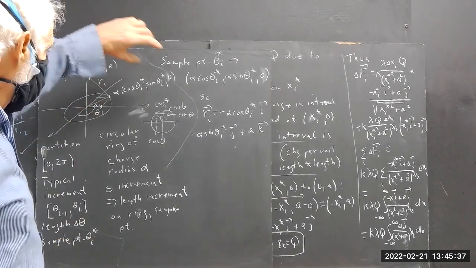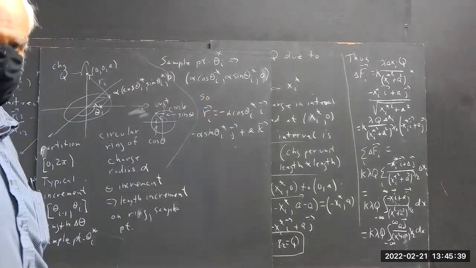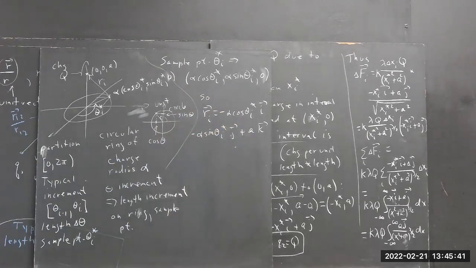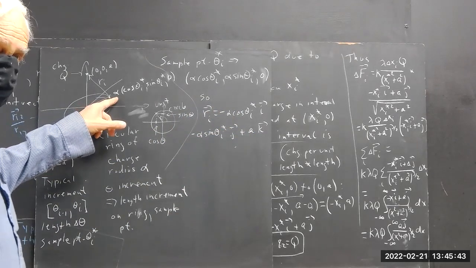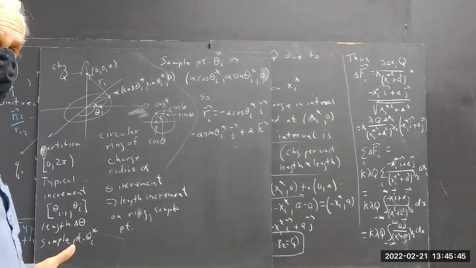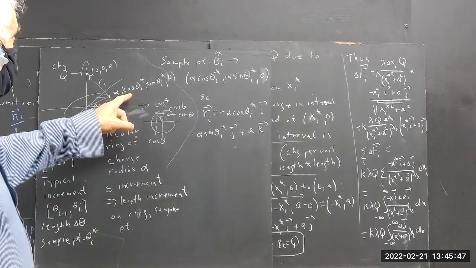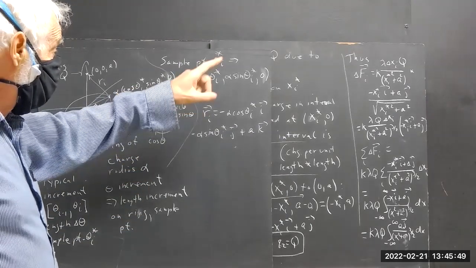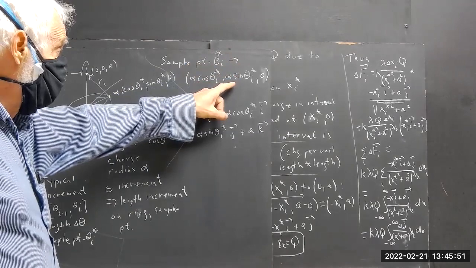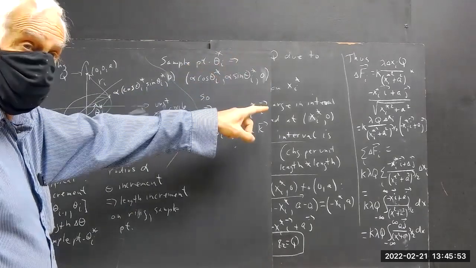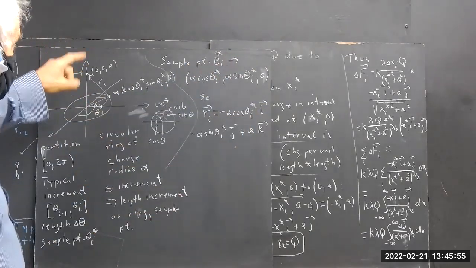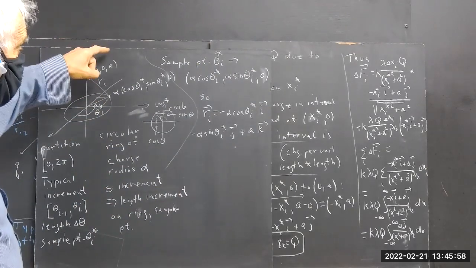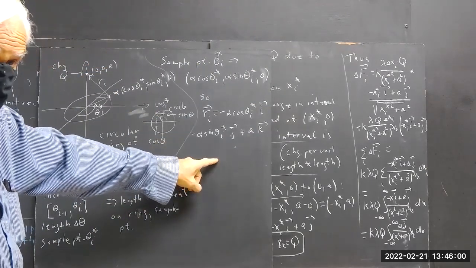Just coordinates at this point minus the coordinates at this point, but we actually regard each of these points as a vector position. So you're subtracting alpha cosine theta sub I i plus alpha sine theta sub I j plus 0k from 0i plus 0j plus ak, and you get this vector.